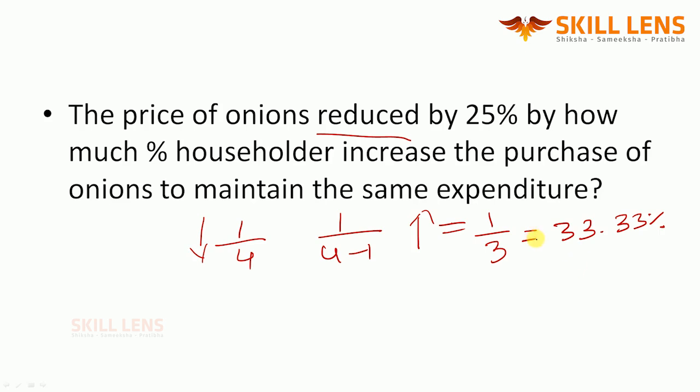This is how you have to solve your questions very easily. Now the householder needs to purchase how much percent extra because the price got reduced? So definitely he will get less, and that will give you 33.33 as your answer.